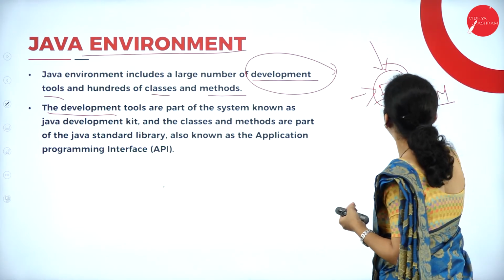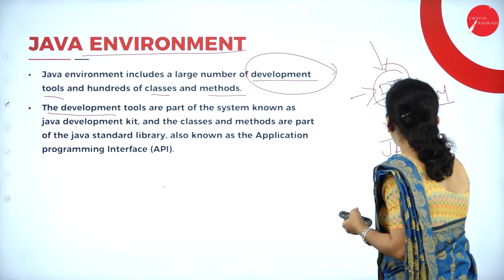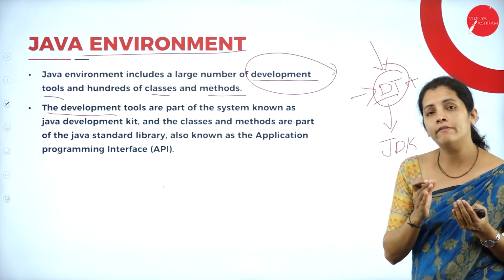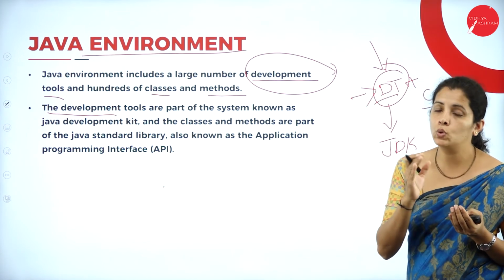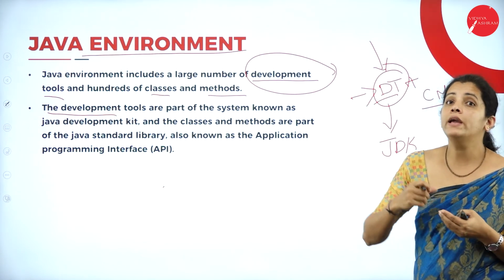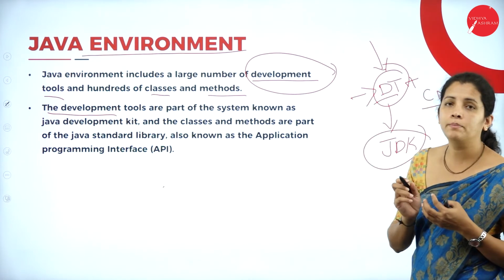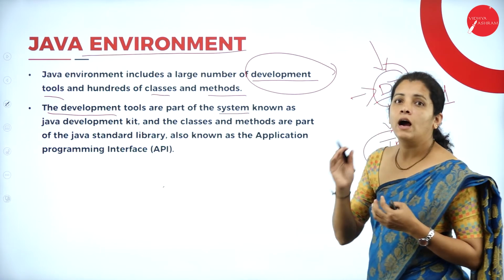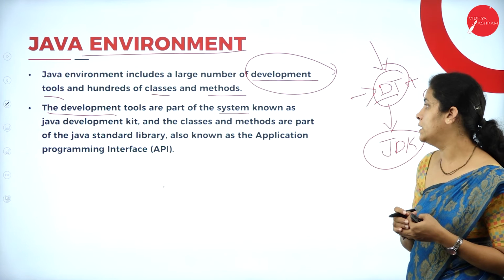This DT is also called JDK. What is JDK? Here JDK is nothing but Java Development Kit, or Java Development Tool Kit. And where can we find JDK? This is the part of the system, and it is known as the Java Development Kit.